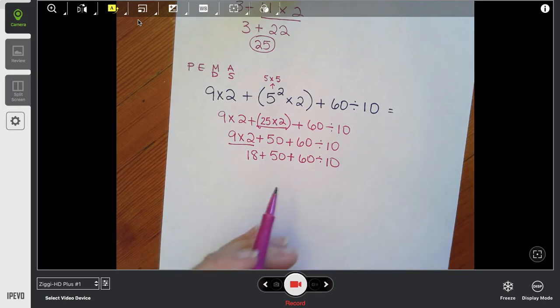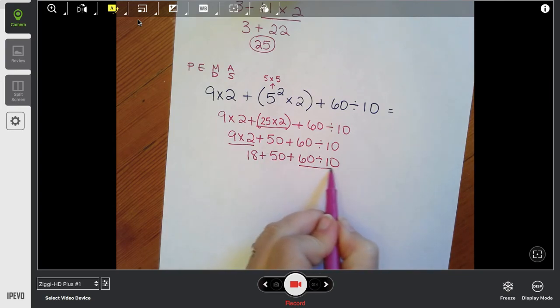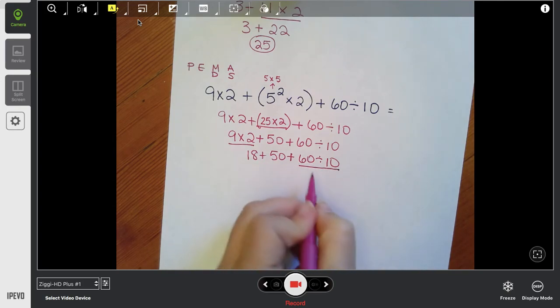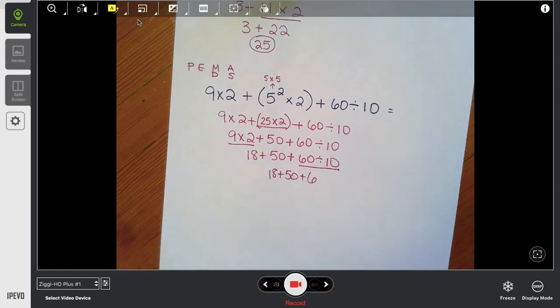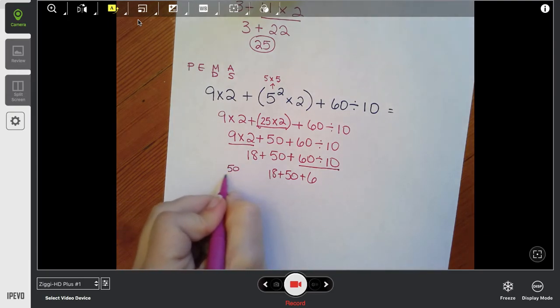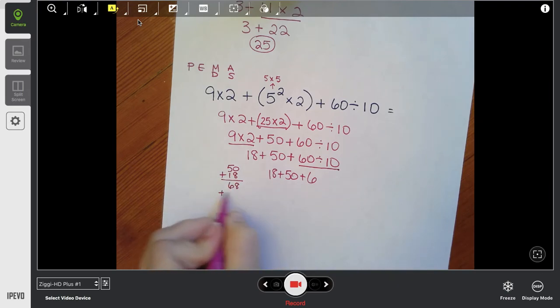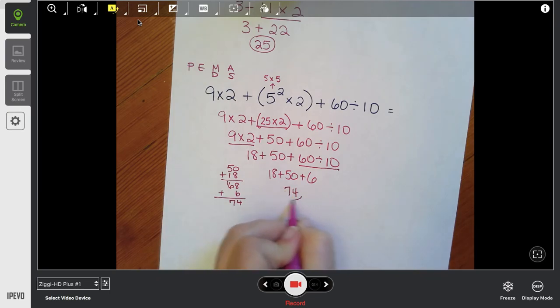We always multiply and divide before adding and subtracting, so we're going to do that first. 60 divided by 10 is 6. Leave everything else alone. Now we're left with just addition. We can go left to right. So I'm going to do 50 plus 18 is 68, and then add my 6 is 74.